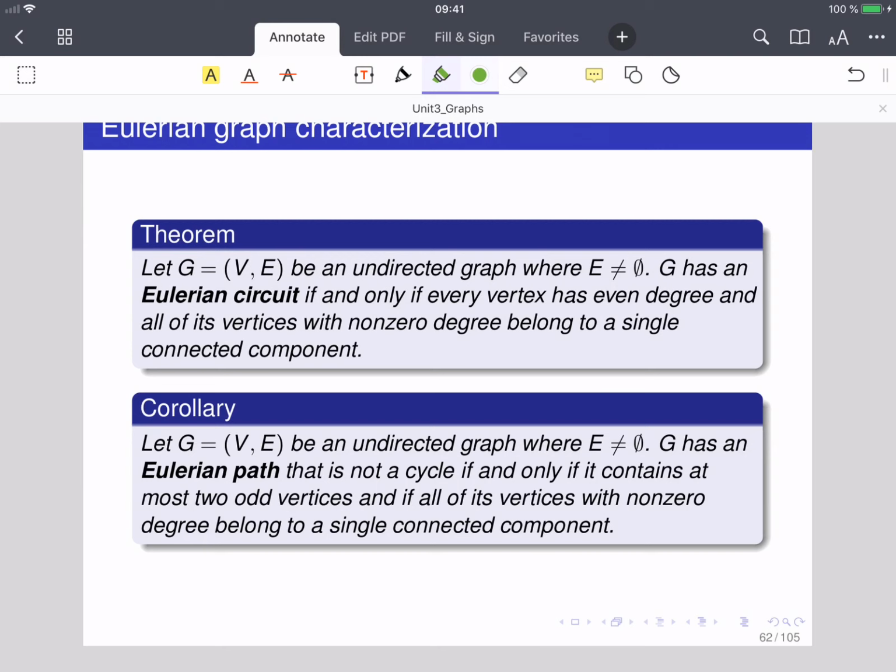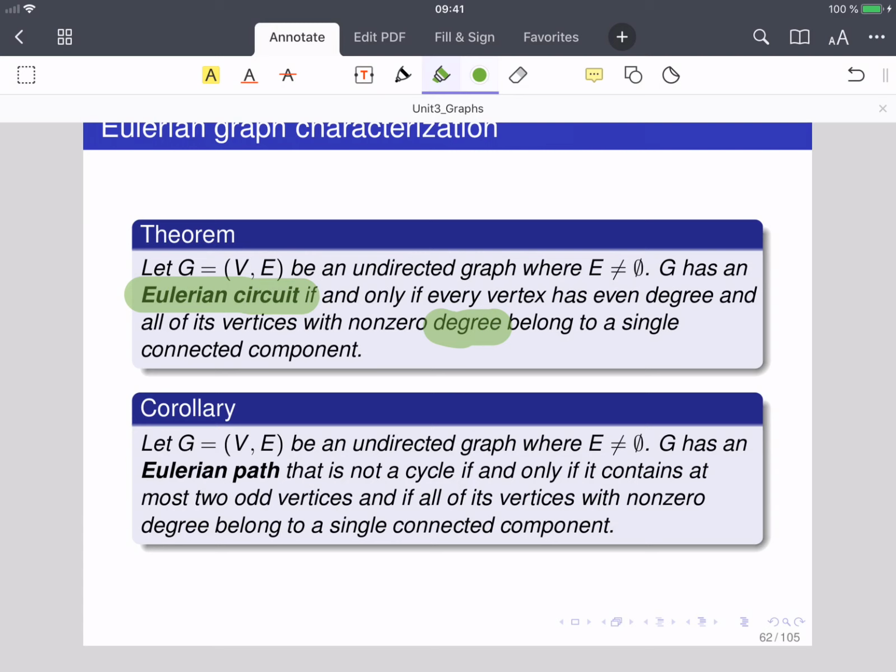It is very simple to deduce whether a graph has a cycle or a path which is Eulerian or not, because we only need to take into account the degrees of the vertices.